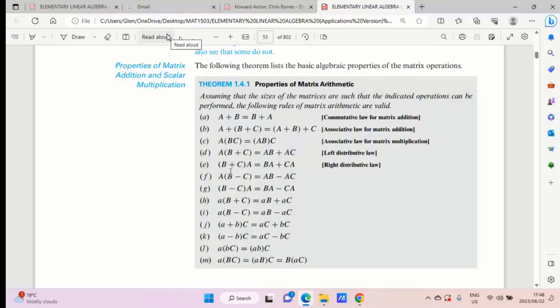Okay, what did you get as A times BC on the left-hand side? I got negative 34 and negative 21 in the first row.